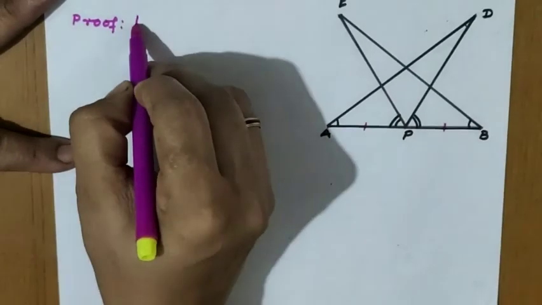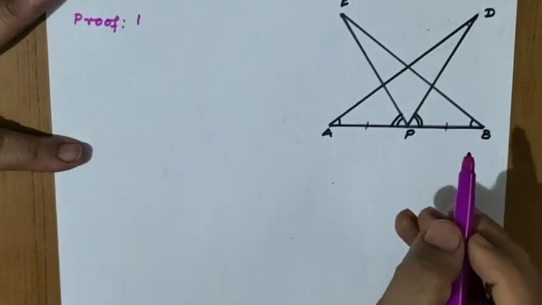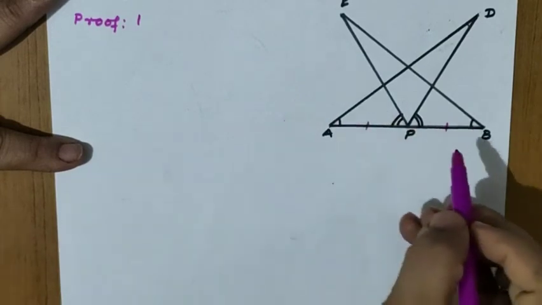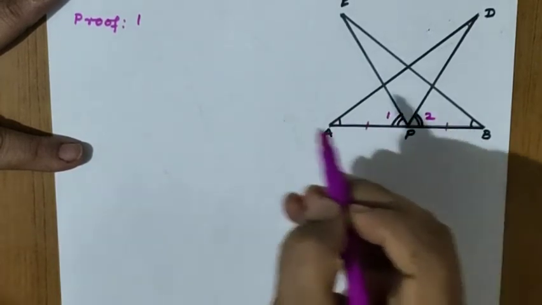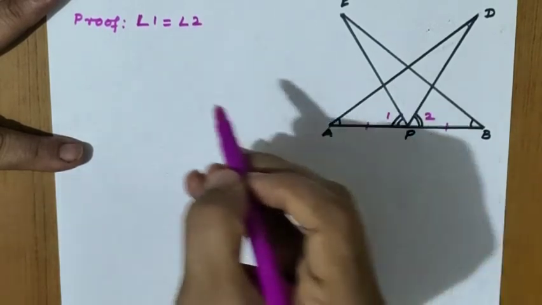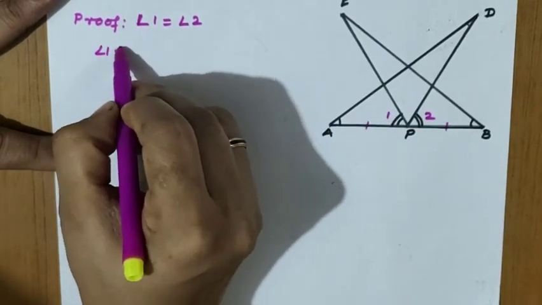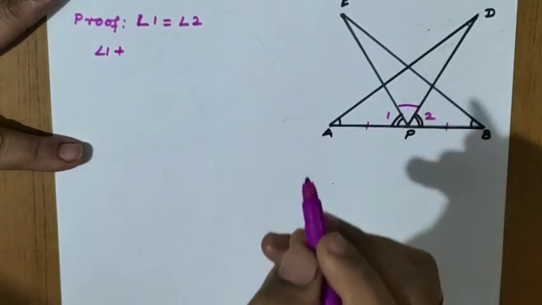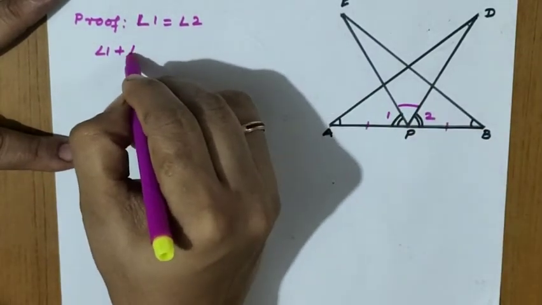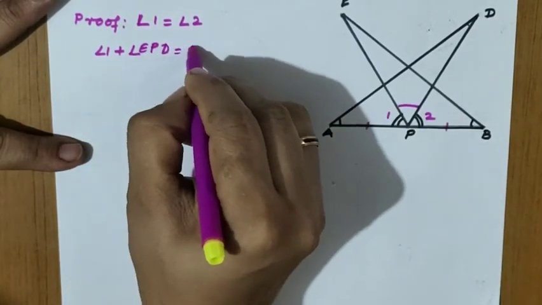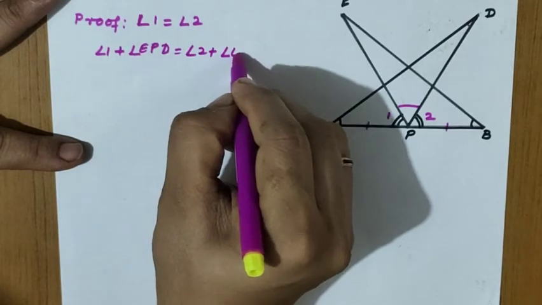So proof: in triangle DAP we cannot write directly because we should prove these angles. So here I'll mark angle 1 and 2, already marked. Angle 1 equal to angle 2 is given, right? With angle 1 we are adding the equal angle, the middle portion, that is this much, EPD. Angle 1 plus angle EPD equal to angle 2 plus angle EPD.